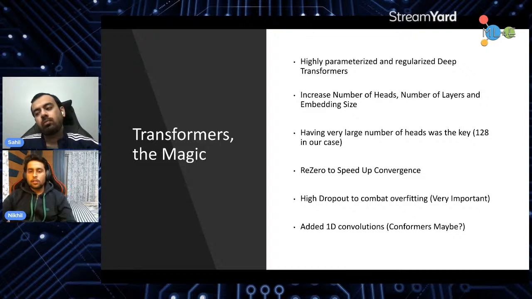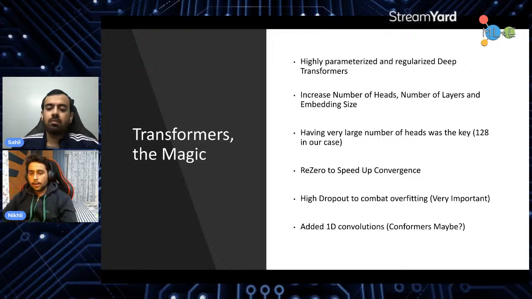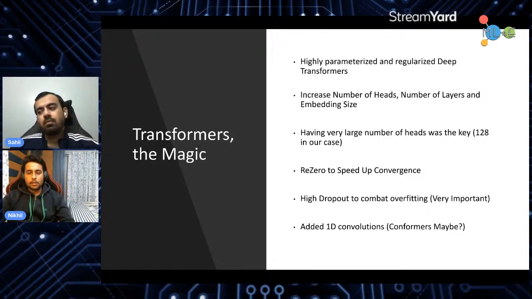So yeah, to add dropout or any kind of regularization technique, the best thing you can do is look at your training losses as well as your validation losses, right? If your training loss is decreasing rapidly but not your validation loss, you can combat it with the help of regularization, such as dropout, right?